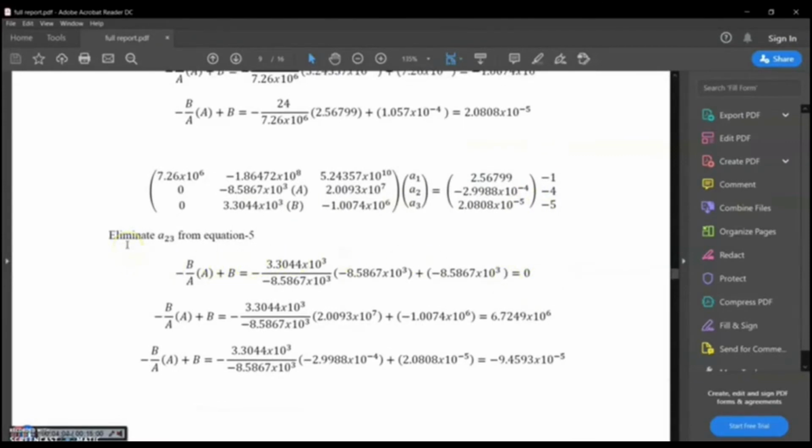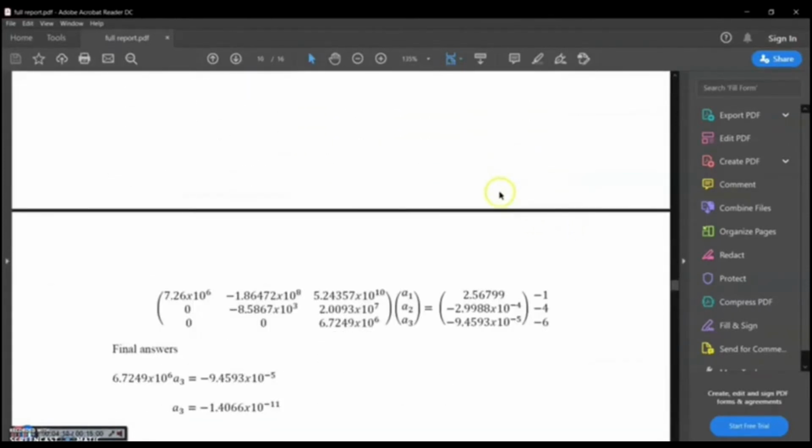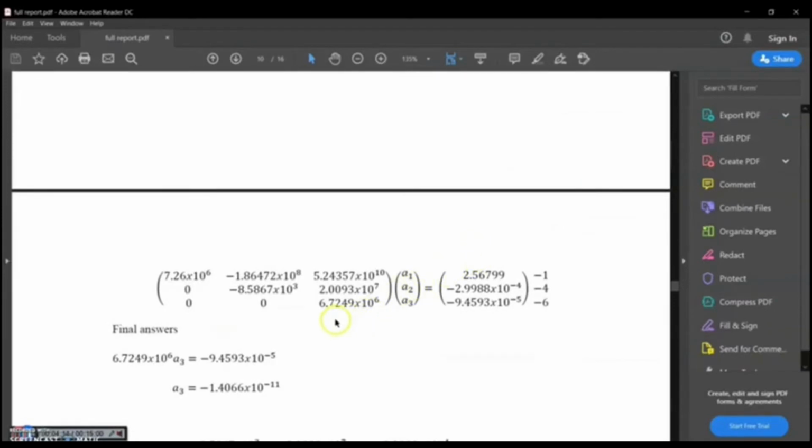Then we need to eliminate A23 from equation 5. The answer we need to change, and we need to put in row 6 the new equation.